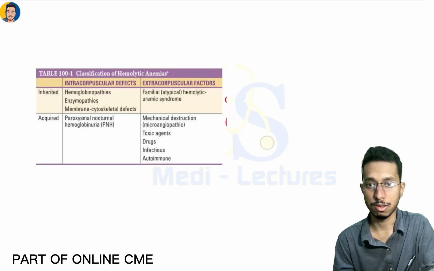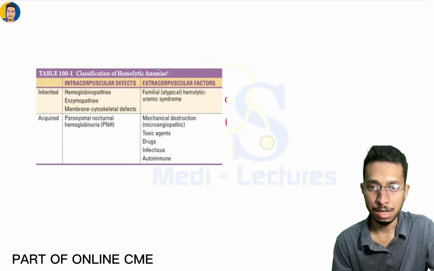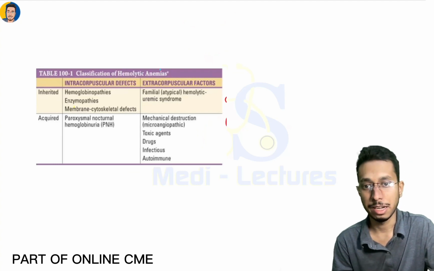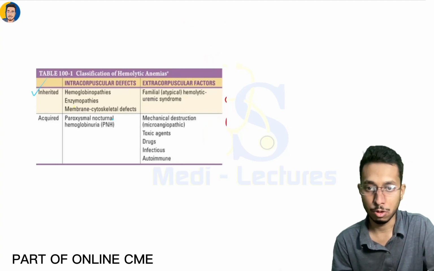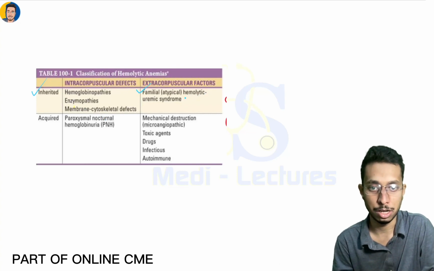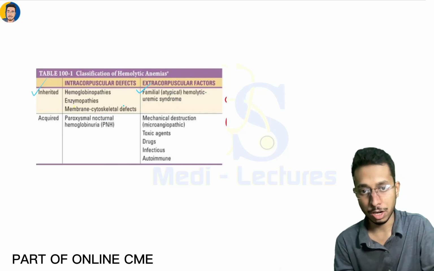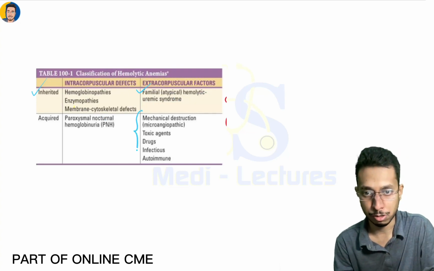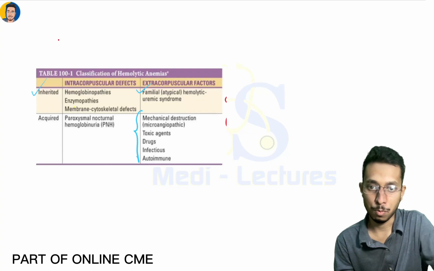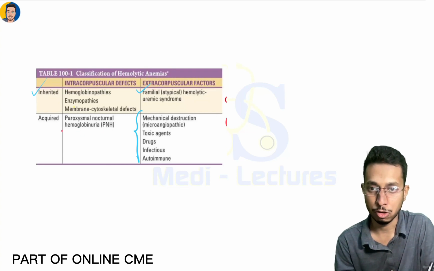So let's check the Harrison table. It is based on the classification of hemolytic anemia. You can see inherited causes mostly are intracorpuscular, but there is one exception, that is familial hemolytic uremic syndrome or atypical hemolytic uremic syndrome. And acquired causes mostly are extracorpuscular, apart from only one, that is paroxysmal nocturnal hemoglobinuria.